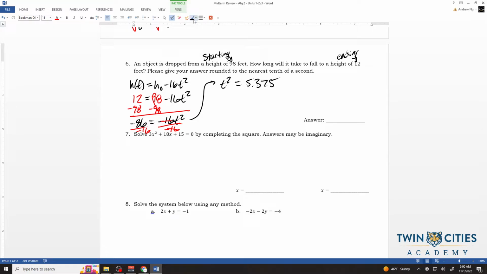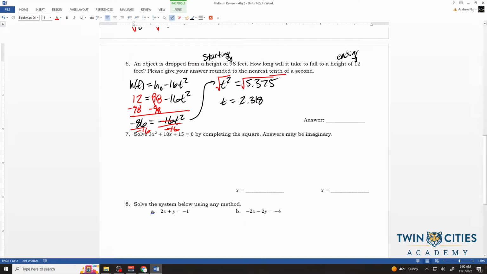And now take the square root. So I've got t equals, the square root of 5.375 is roughly 2.318. Except again, I want to round to the nearest tenth of a second.